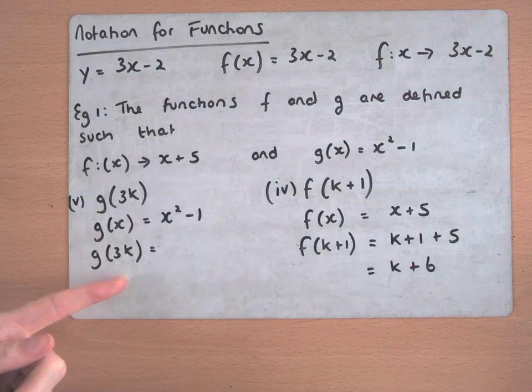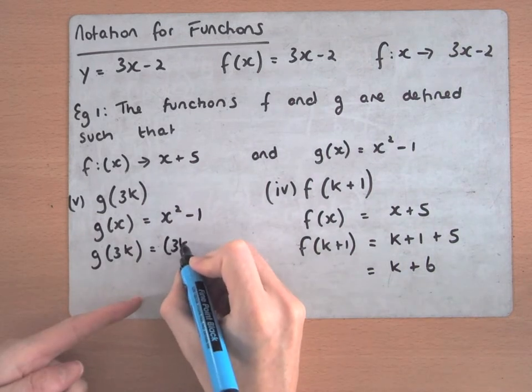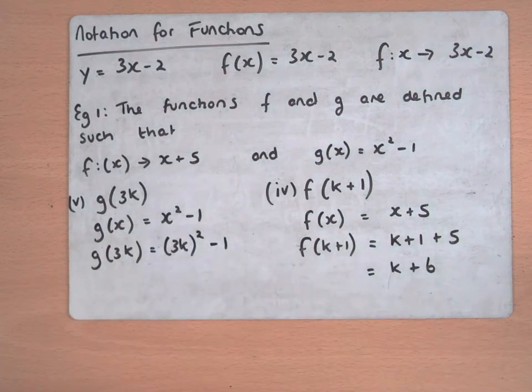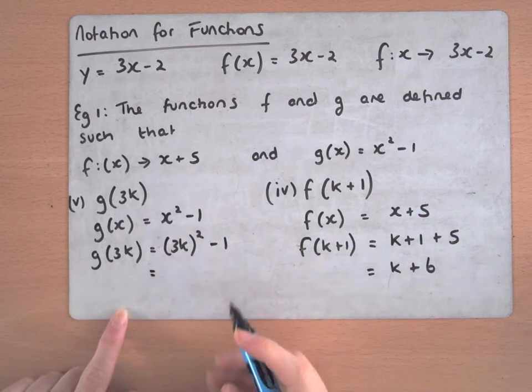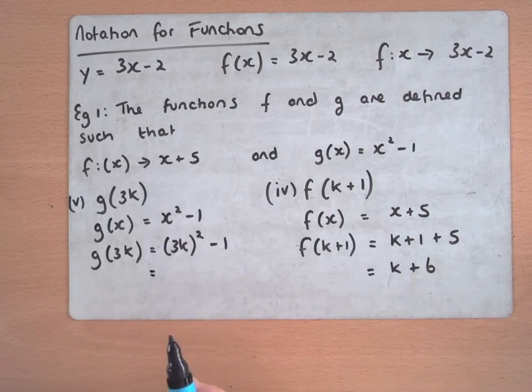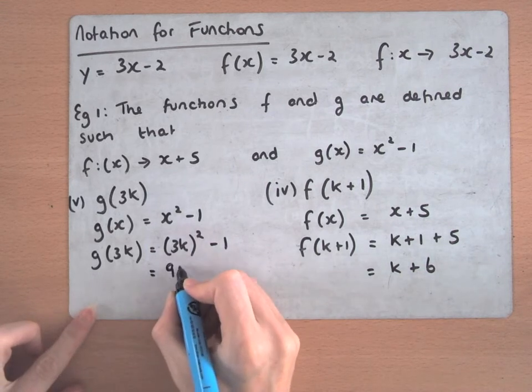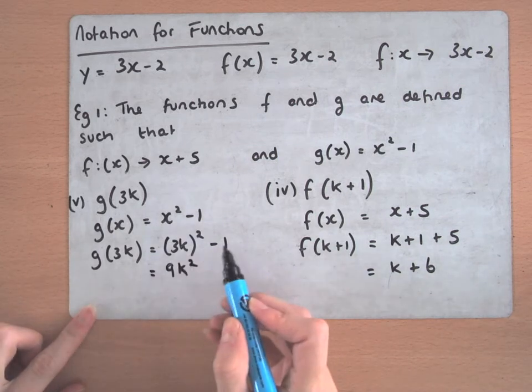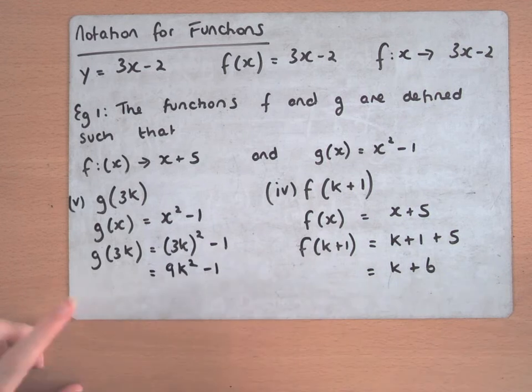G of 3k, what do I do? 3k squared. Brilliant. 3k to be squared minus 1. Excellent. Has to go into brackets. Now 3k to be squared. What's 3k by 3k? 9k squared. 3k by 3k is 9k squared minus 1.